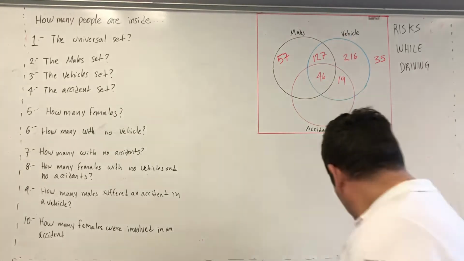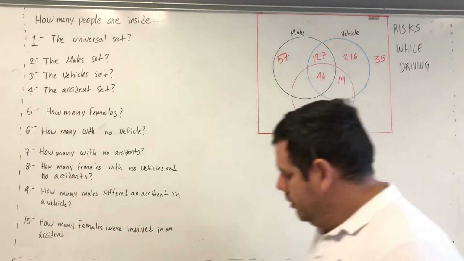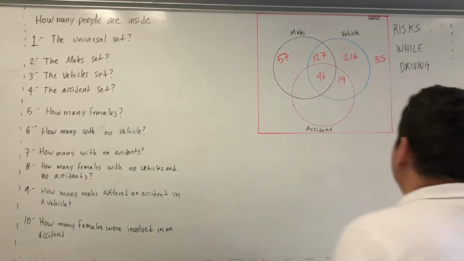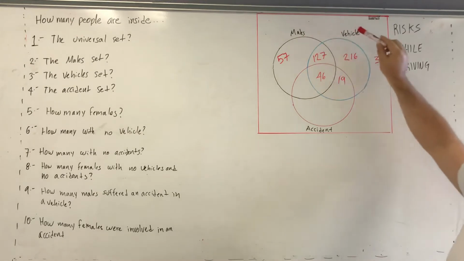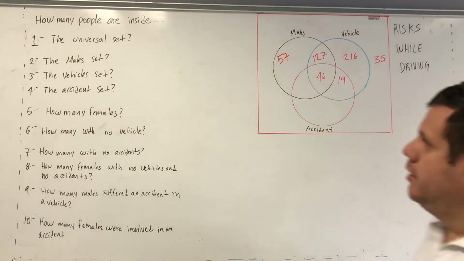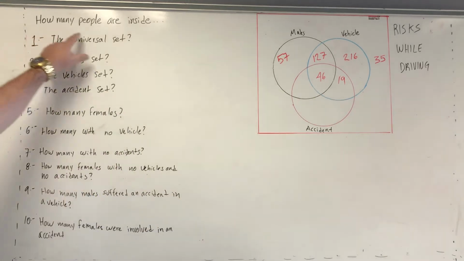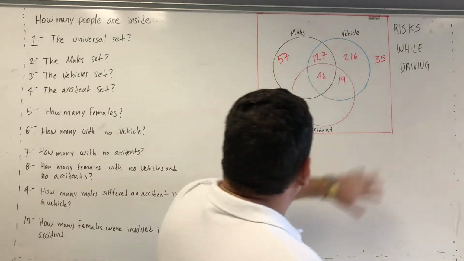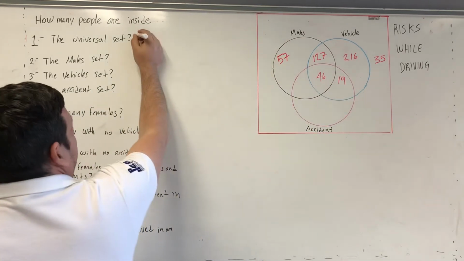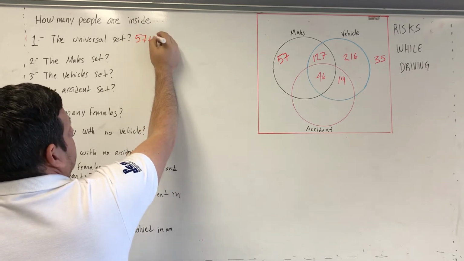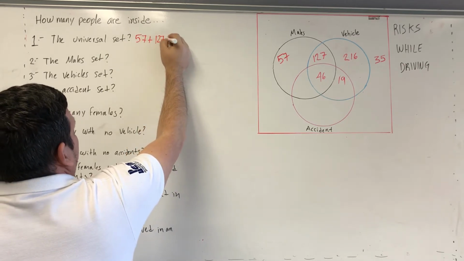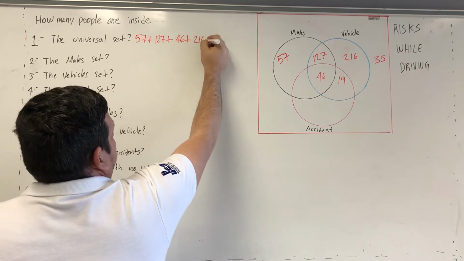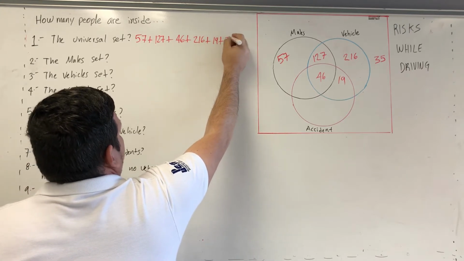It's just about making additions of these numbers. To be very clear, we have three sets: males, vehicle, and accident. The first question is, how many people are inside the universal set? The universal set is everything that is inside here. So we add 57 plus 127 plus 46 plus 216 plus 19 plus 35.